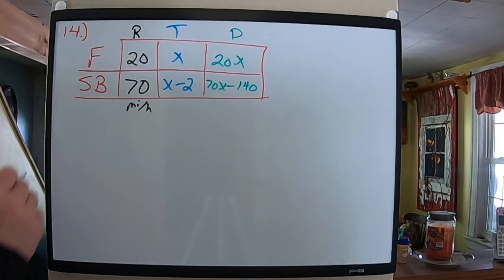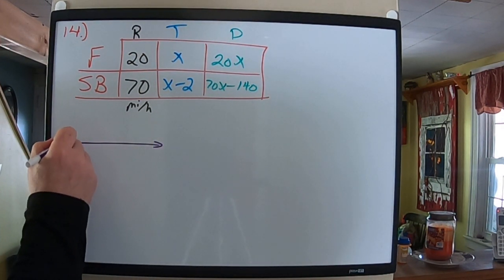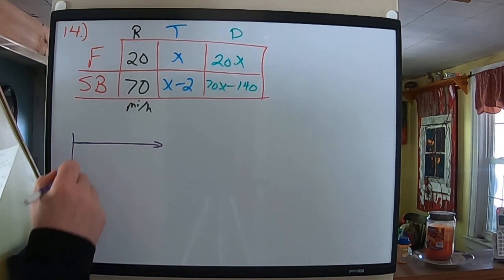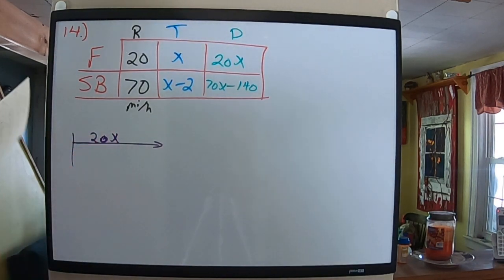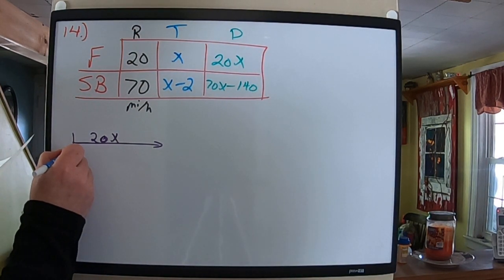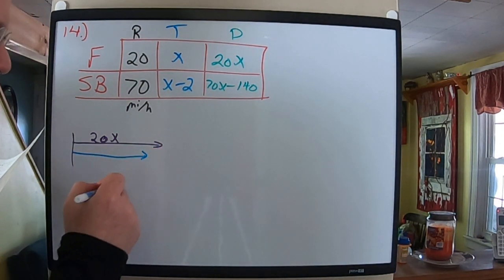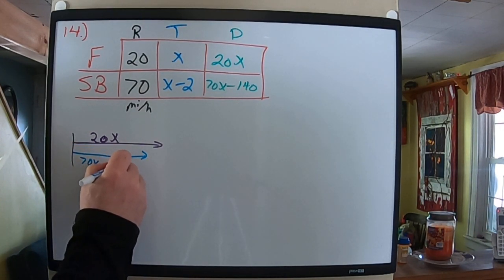So here's the situation. The freighter is moving along. They leave at the same place. 20x is this one, right? And the speedboat is trying to catch up. So 70x minus 140.